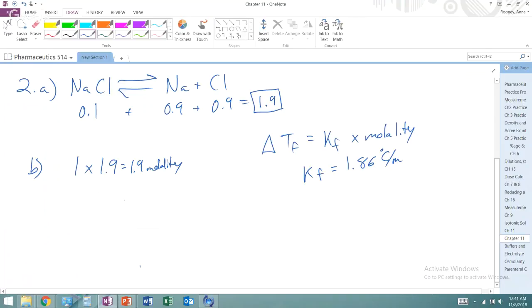And then you're going to multiply that. This is a freezing point depression, so it's technically negative. So it's negative 1.86 times 1.9.